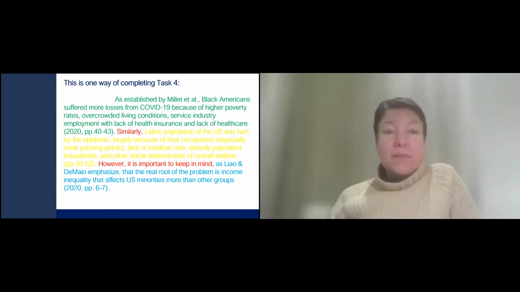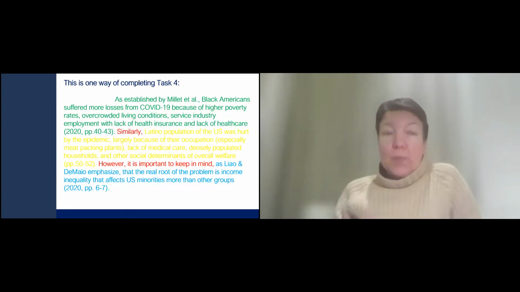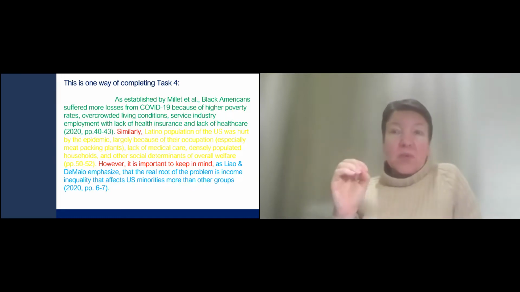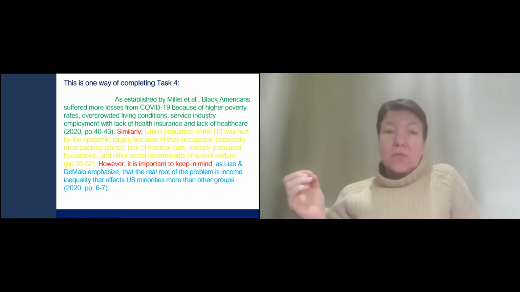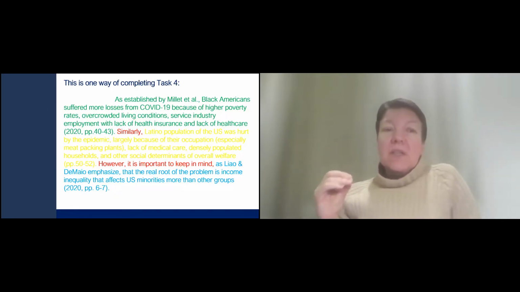Very good. And then the last one, I'm going to say that the third article, in my opinion, was slightly different from the first 2, because the first 2 took demographic information and connected it to the rates of COVID infection and death. But the third one argues that it's really not the ethnicity. So it's not biological.